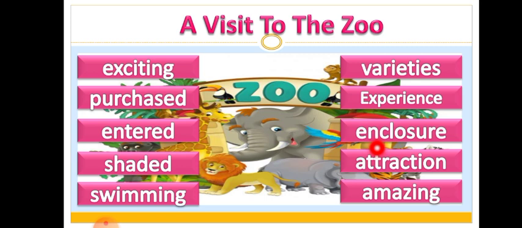Or you can say we also saw some penguins in the zoo, which were the main attraction. And amazing means, this tour was very amazing, or all the animals were very amazing. Different sentences we can make with these words. These are the helping words for writing a paragraph.